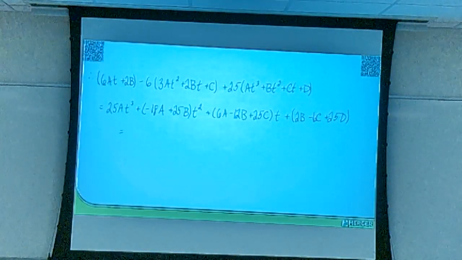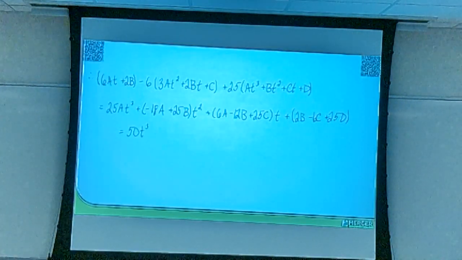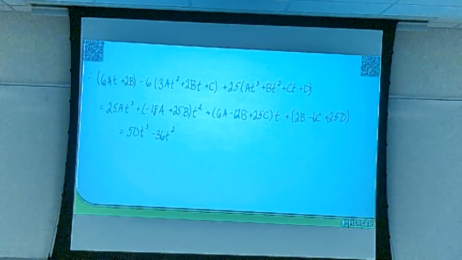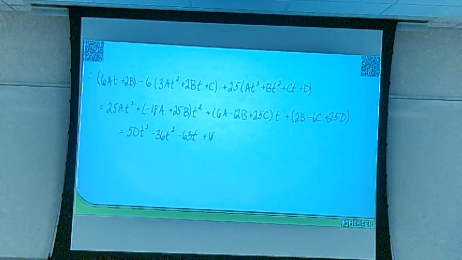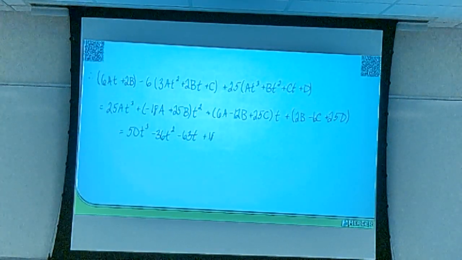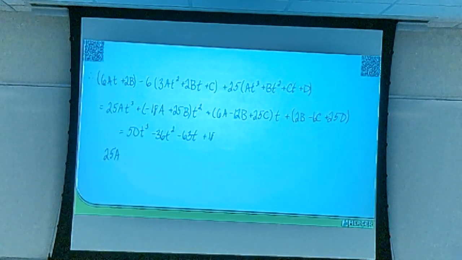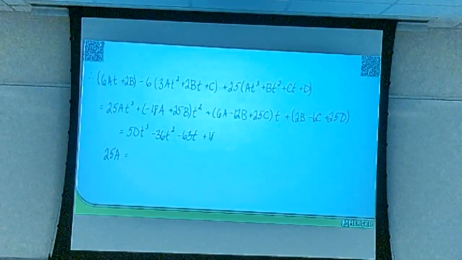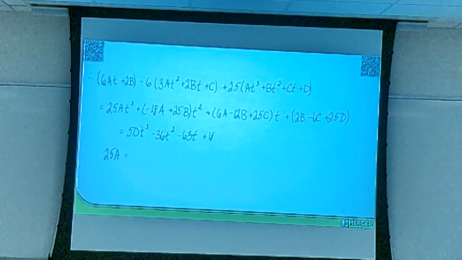And that has to equal 50t cubed minus 36t squared minus 63t plus 18. Which gives us a system of 4 equations. 25a has to equal what? 50.